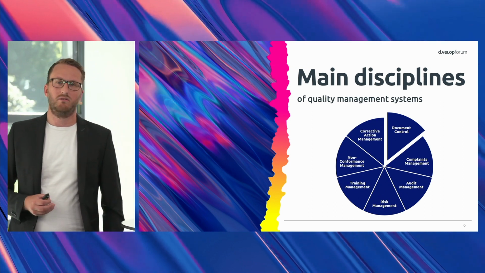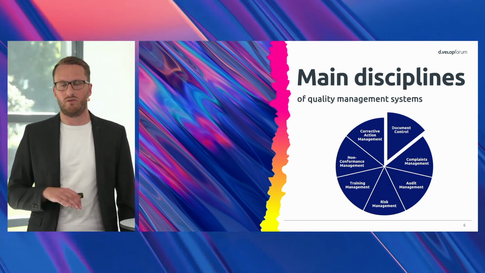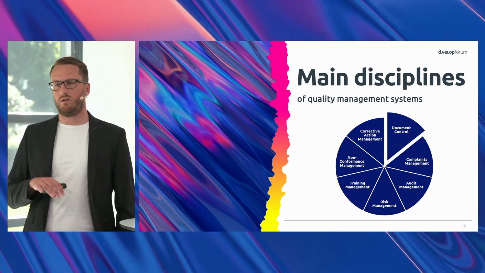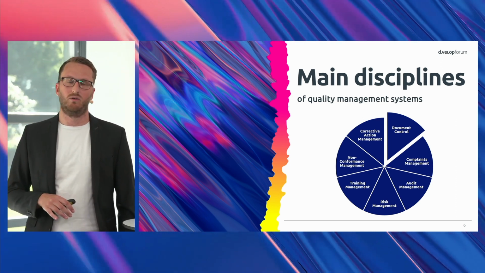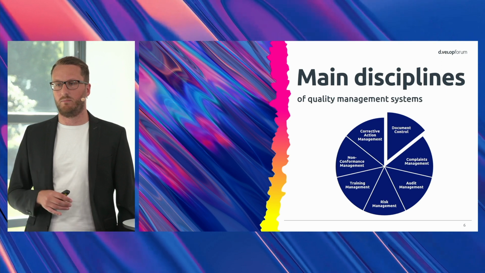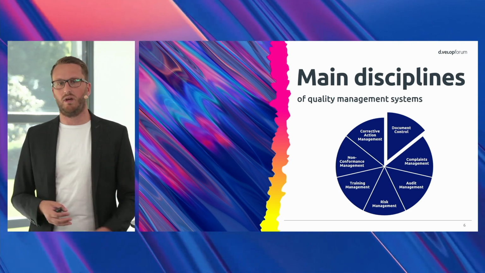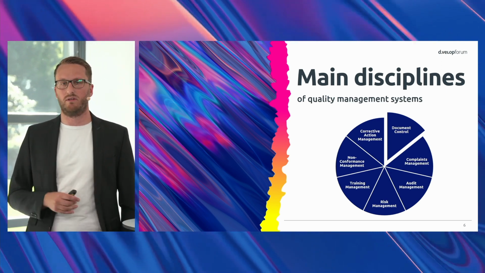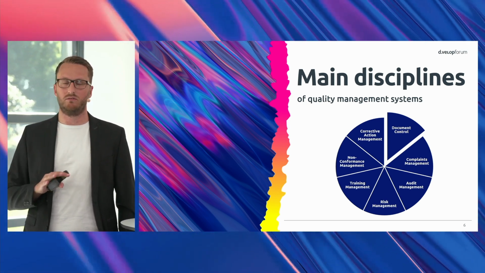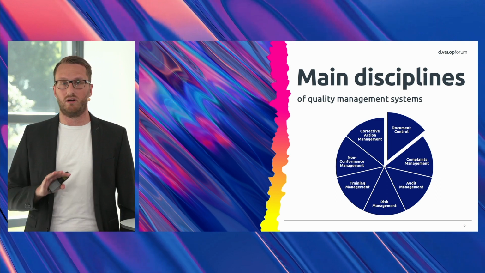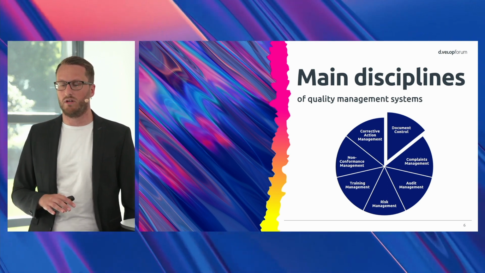So coming from main drivers of quality management, I would like to take a look at the main disciplines here. What we see on this slide is basically a pie chart we made up with several disciplines of quality management, and these are equal parts because obviously all of those are very important when speaking about quality management.